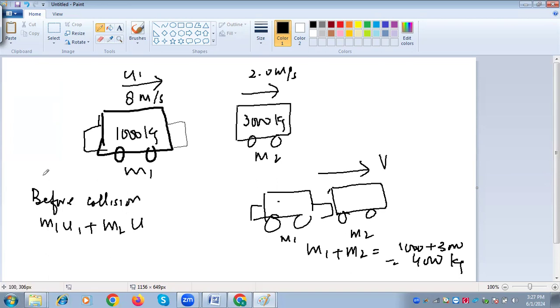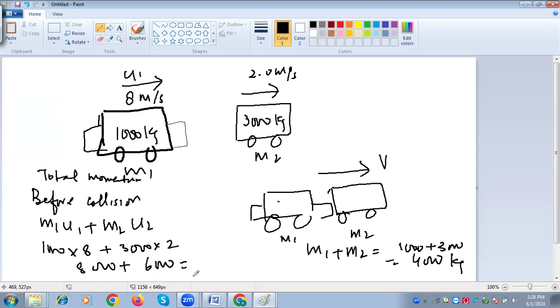What is the total momentum before collision? So 1000 into 8 plus what is the mass of the lorry? 3000. And what is the velocity with which it is moving? 2. So 8000 plus 6000, means the total momentum before the collision is 14,000 kg meter per second.